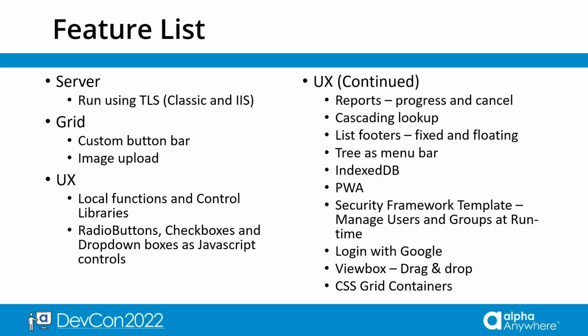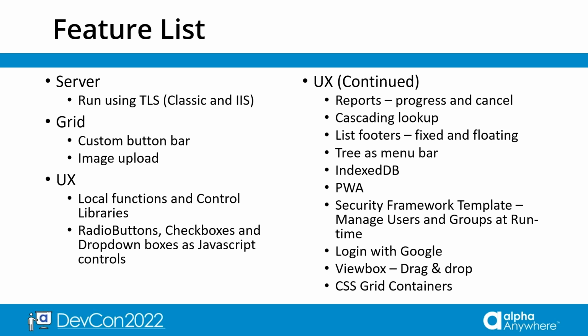And this is a big deal because it allows you to repopulate these controls using JavaScript. Previously, a radio button and checkbox were rendered in HTML on the server side, and it was very difficult to repopulate them at runtime using JavaScript.